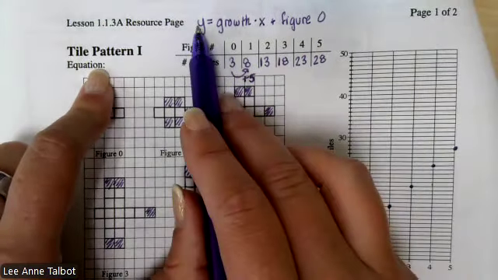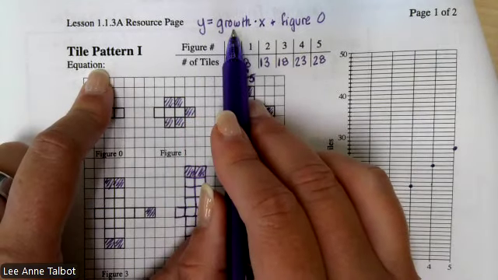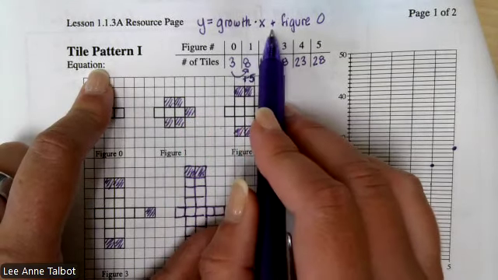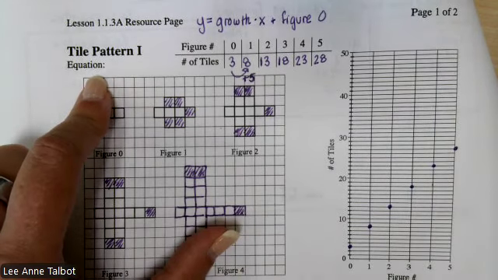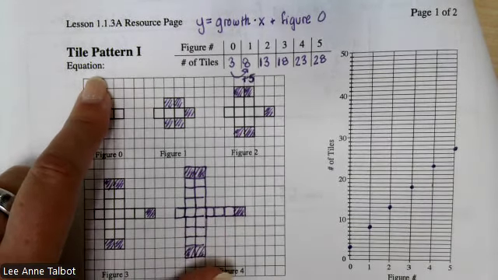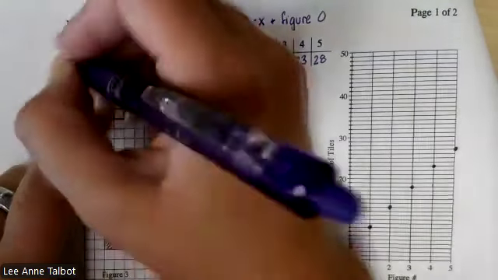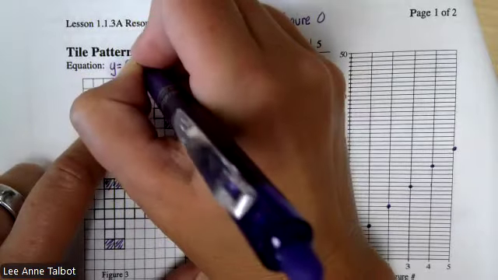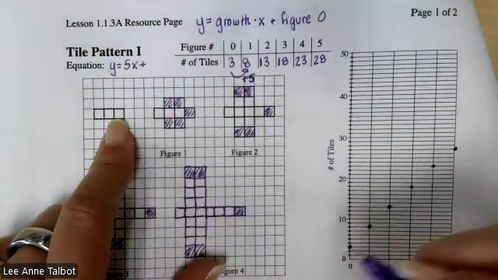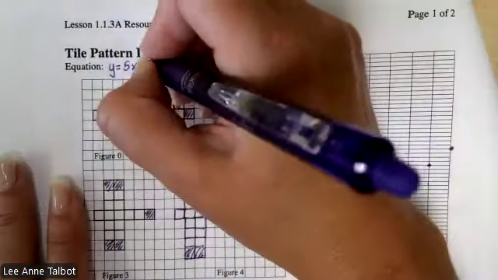Okay, the growth in this problem is 5. So y equals 5x plus, and then how many tiles are in figure 0? 3. Beautiful.